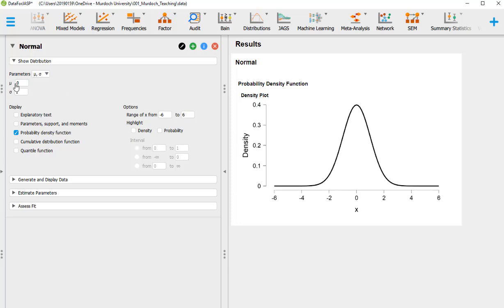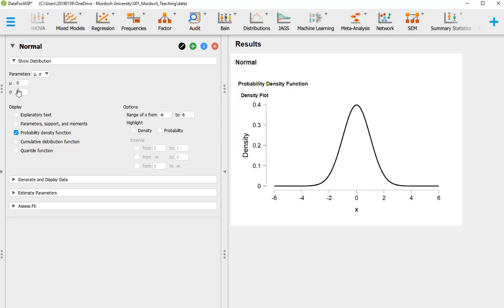Obviously when mu is 0 and sigma is 1, this is the standard normal distribution. But we can change that. We can have distributions with different means and different standard deviations. When we do that, some of the features that we want to explore are not going to be available, so I'm going to keep it like this.